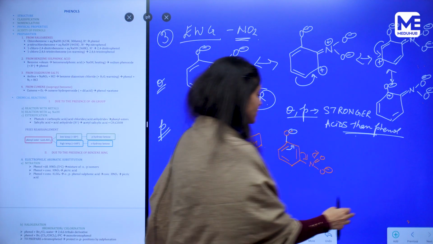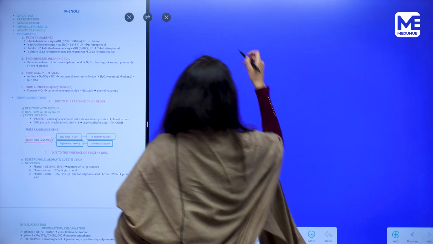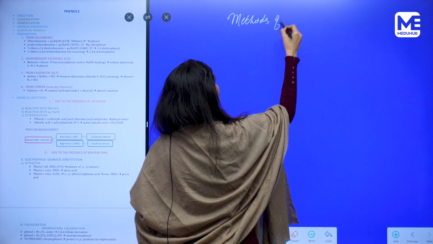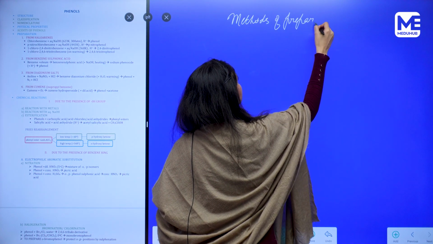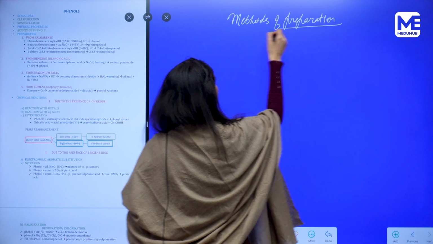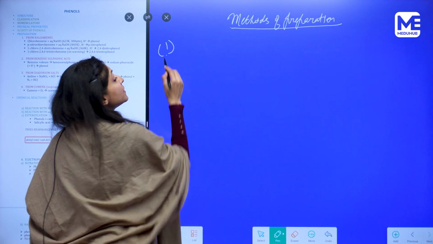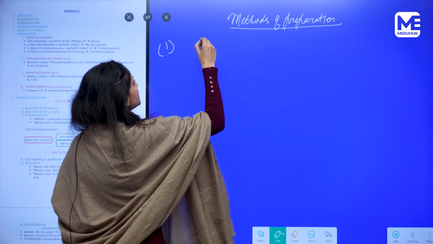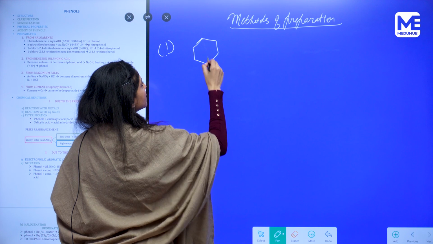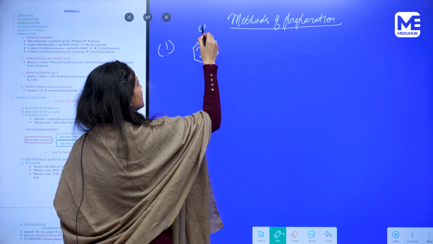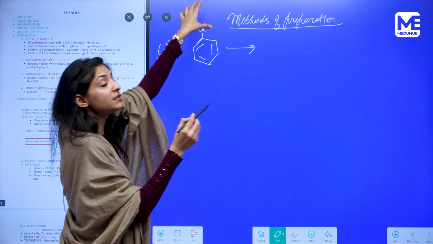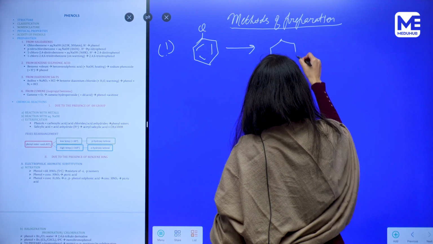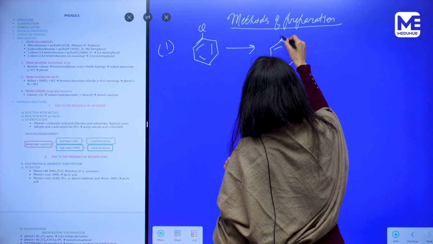Now let us talk about the methods of preparation. So the first one is something that you have already studied in haloarenes. In this, we start with a haloarene like chlorobenzene, and this chlorine is replaced by an OH group.